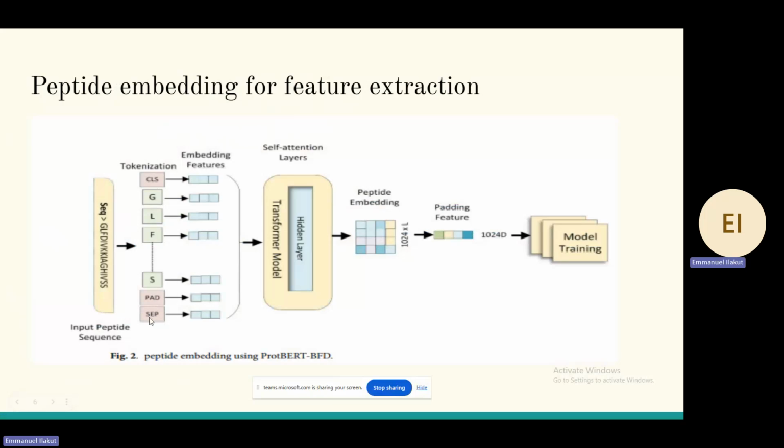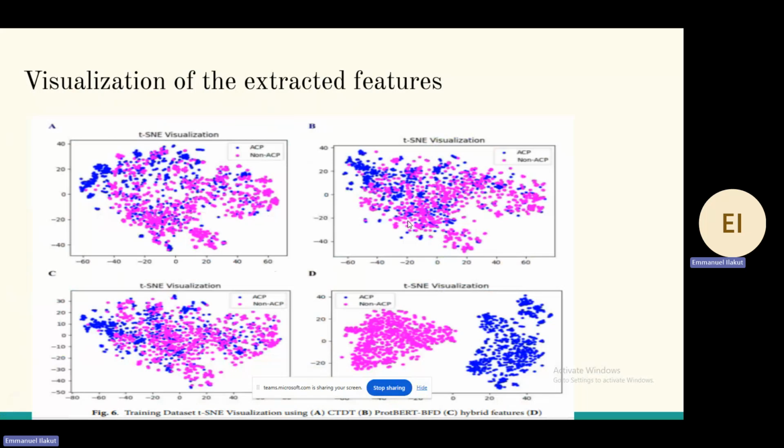But in this case, since we are dealing with peptide sequences, it's basically sequences to help us analyze patterns. Then we did have the self-attention layer from which we get the 1024 different dimensions of features. So I just wanted to highlight that, and then the visualization of the extracted features.